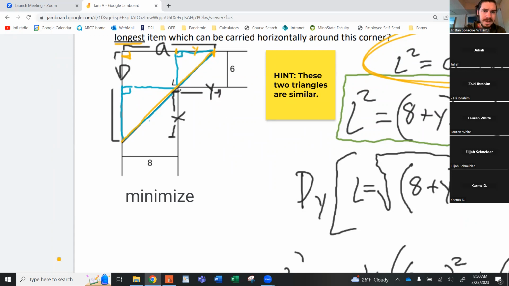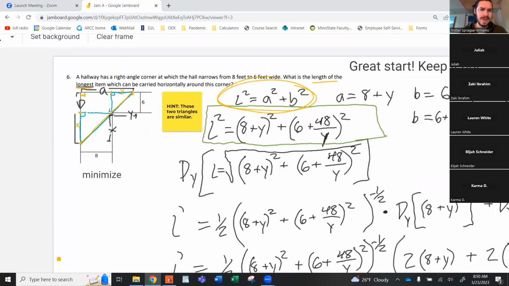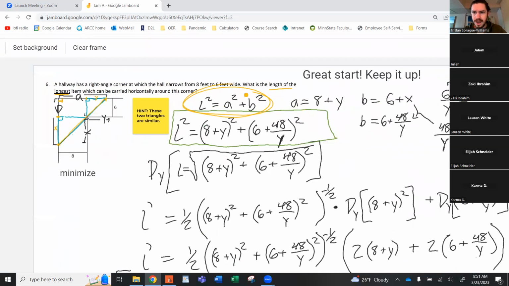And then B is 6 plus this X amount. And the X amount would therefore be right there, that amount. So now we have some variables to work with. We're not actually going to be using A and B as our variables. Those were just temporary. Now we're using A is 8 plus Y and B is 6 plus X.